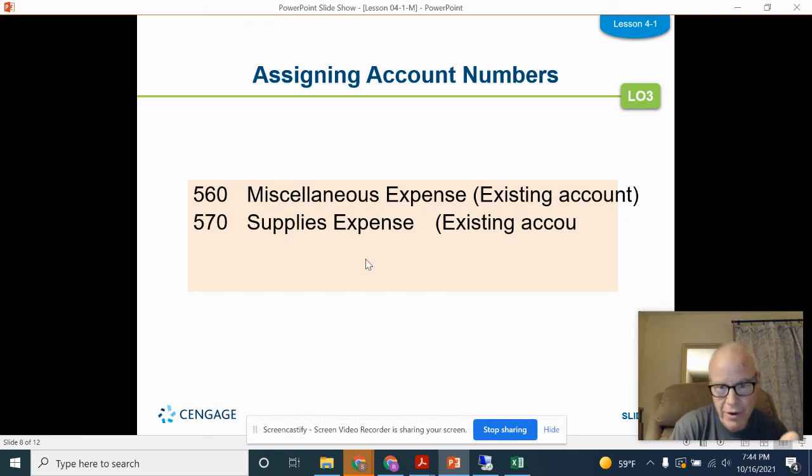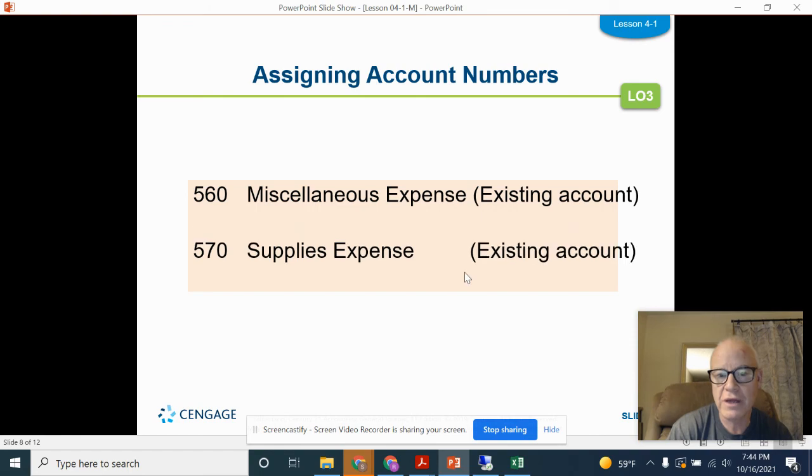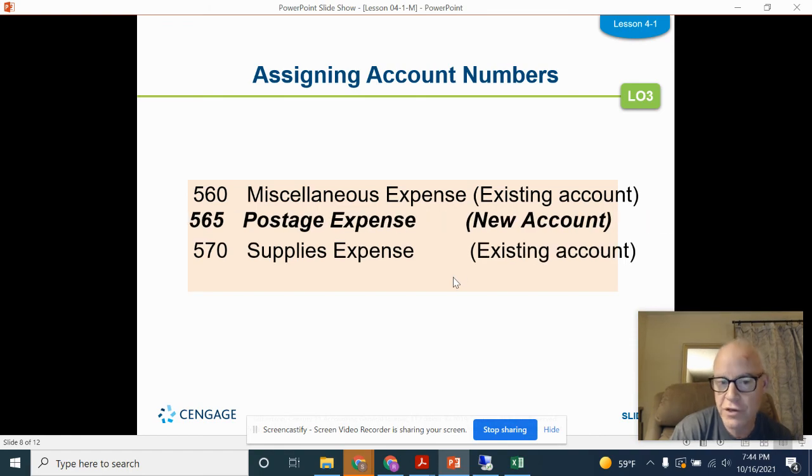And there's that one item here, miscellaneous expense, where the owner will just say, I don't really want to create a new account every time I have some new activity. I might just call it miscellaneous expense. And then if it's something later on I want to track, I can start creating a special account for that. But just to show you what that looks like, if we were to add an account, say postage expense, we want to drop it in, put a 5 at the end of it so it lands between miscellaneous and supplies and allows for more room if we want to put another account in between that, postage expense.